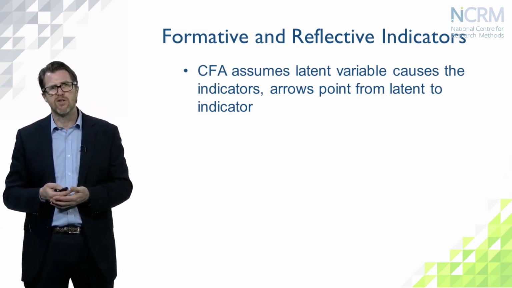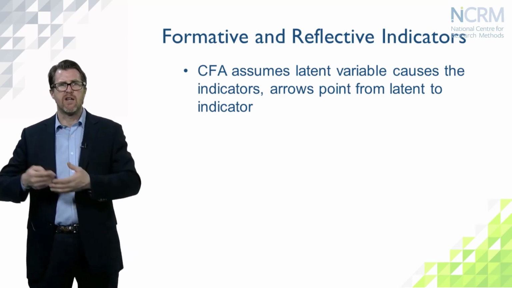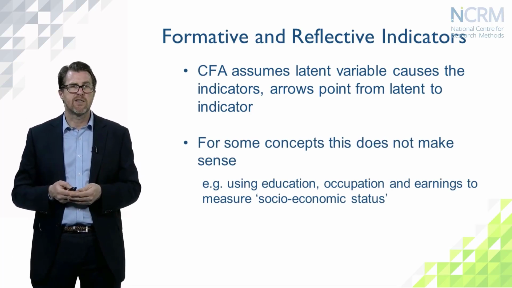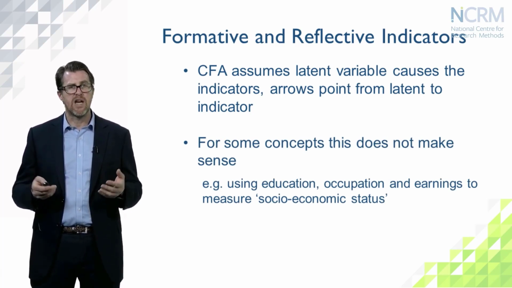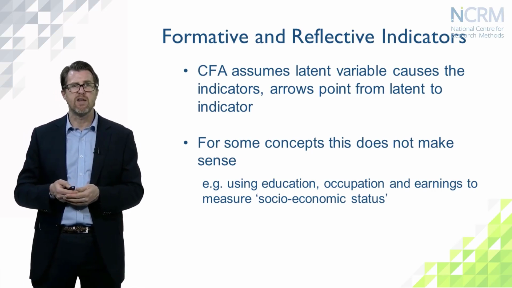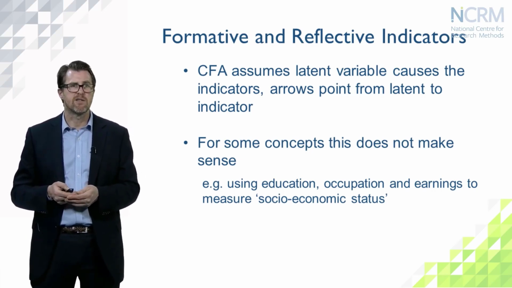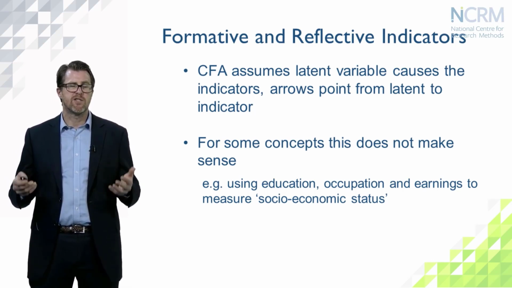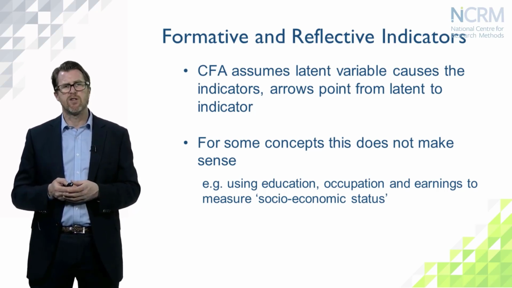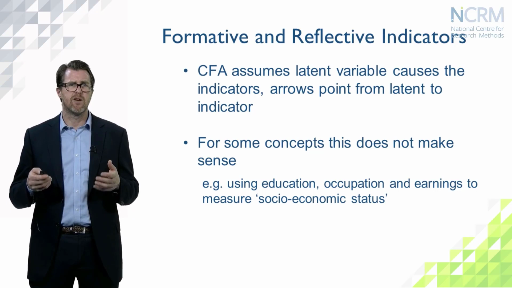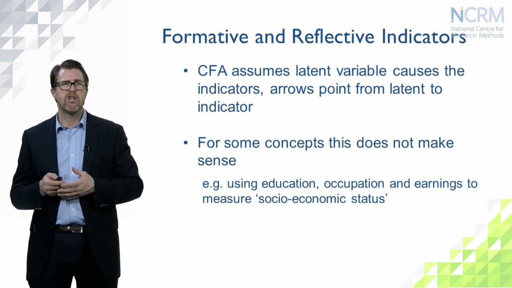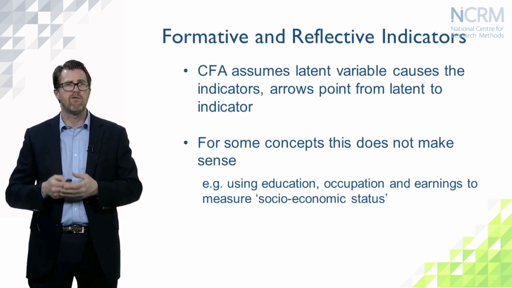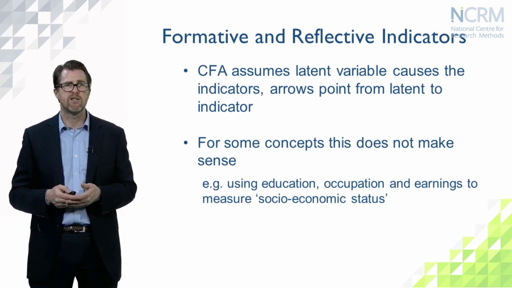Now, for many concepts, that direction of causality makes sense. In other contexts, the idea that the causality flows from the latent variable to the indicator doesn't really make sense. So let's think of an example where we want to measure socioeconomic status, and we're going to use indicators of someone's level of education, what kind of occupation they have, their earnings, and so on, and we want to combine these somehow into a latent variable that measures their socioeconomic status.